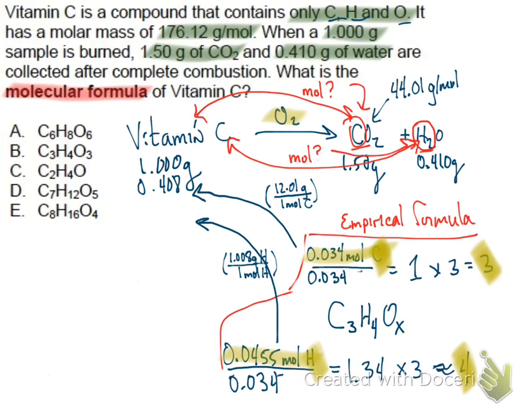And then when we multiply 0.0455 times 1.008, we end up with 0.045. What does that mean? This is the mass of carbon and hydrogen that was present.